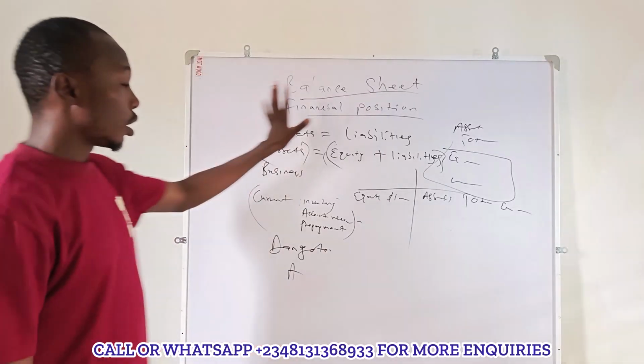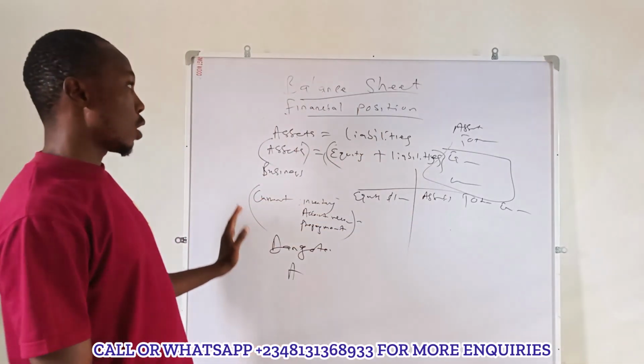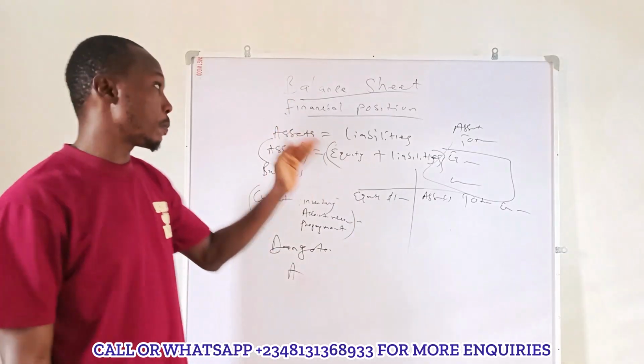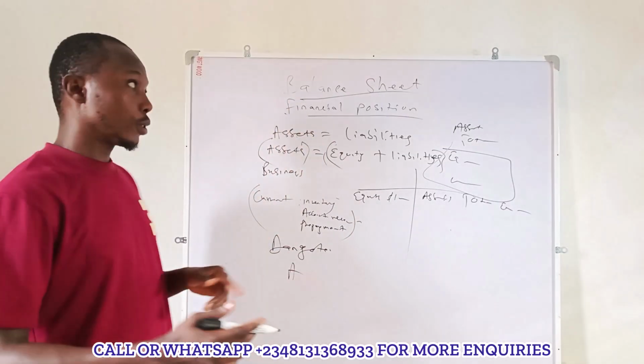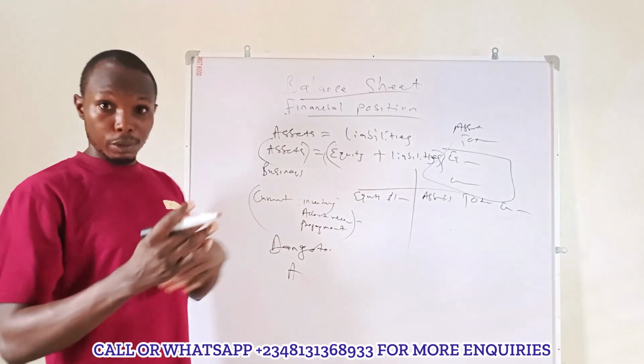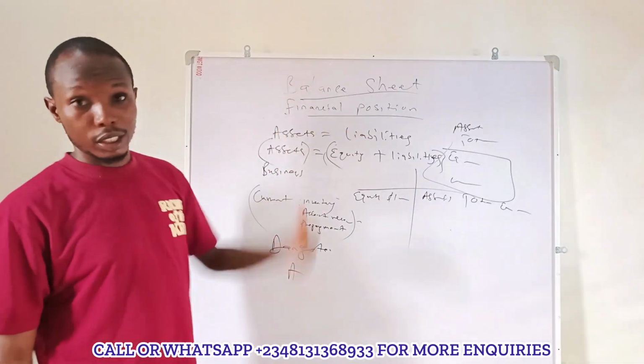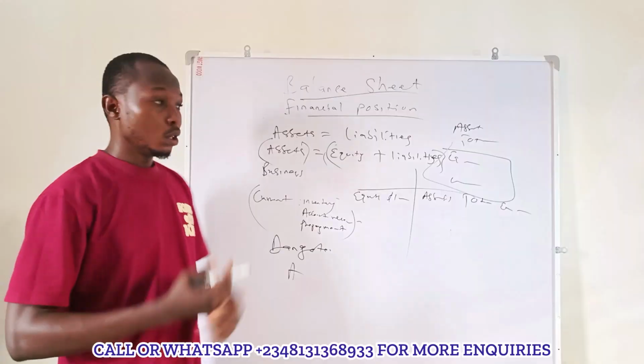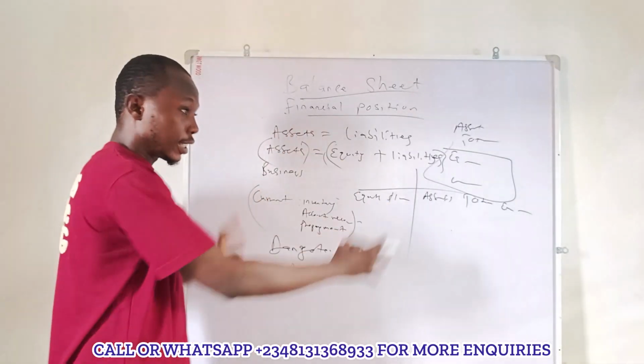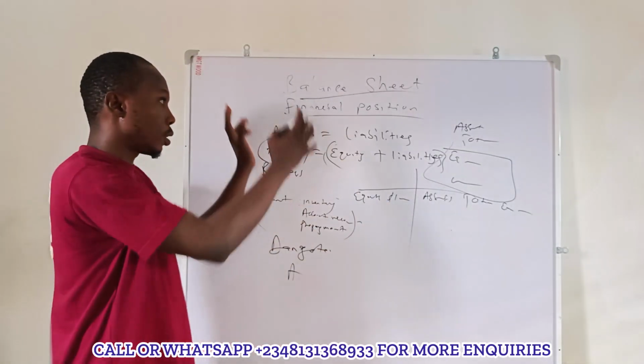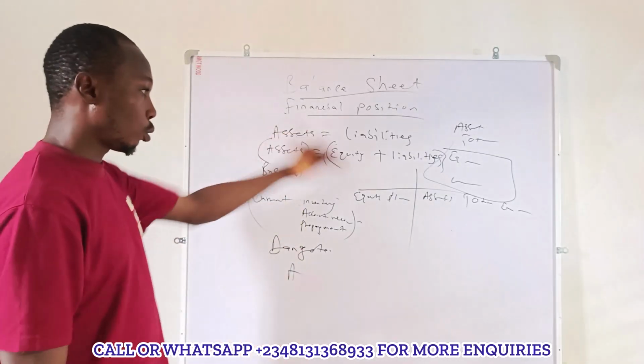So this is a broader way or a simpler way that we can understand the balance sheet. I'm using balance sheet and financial position because of the interchangeability in the terminology. You can call it balance sheet or you call it financial position. All the same, the intention that this wants to represent is what we've discussed so far.